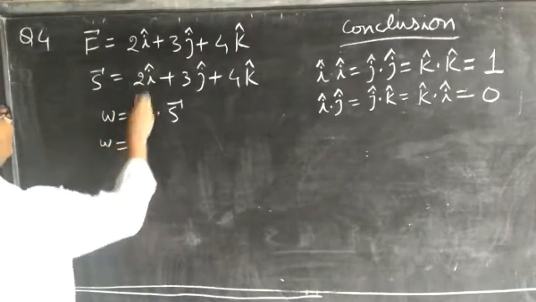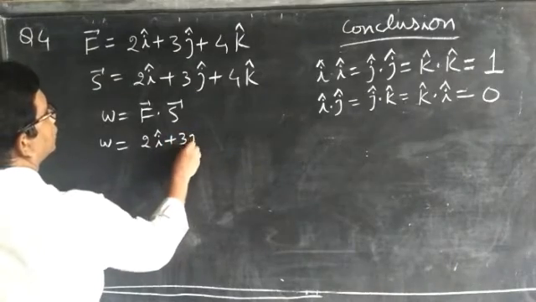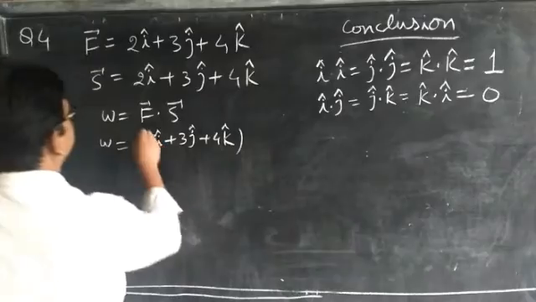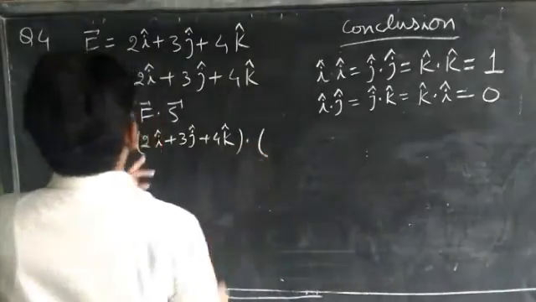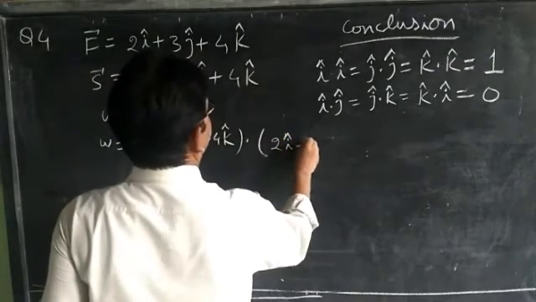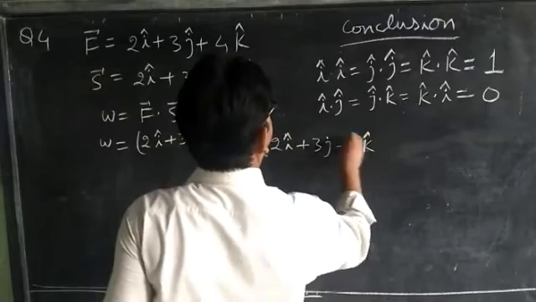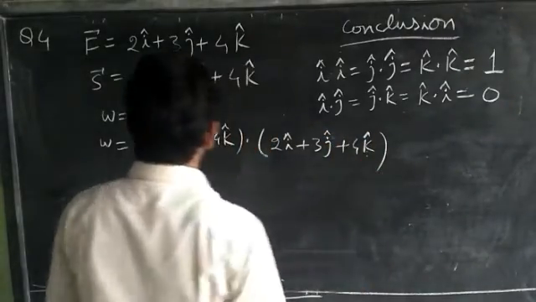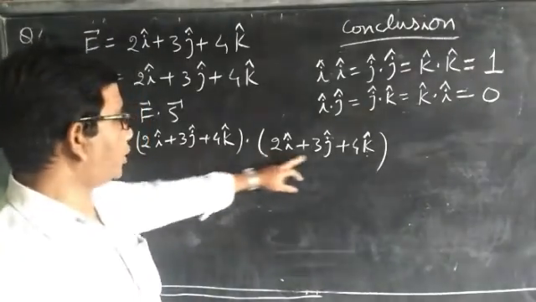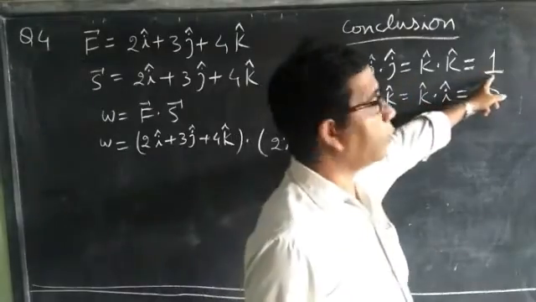Now W is equal to F, that is 2I plus 3J plus 4K, dot S, that is 2I plus 3J plus 4K. Now we know that when I dot I or J dot J or K dot K, it gives the result 1.